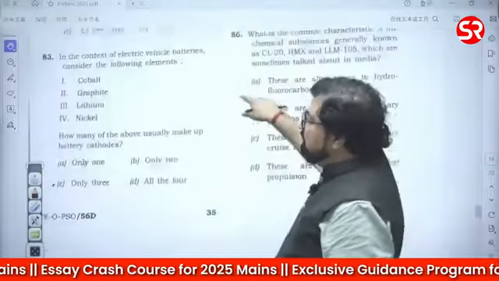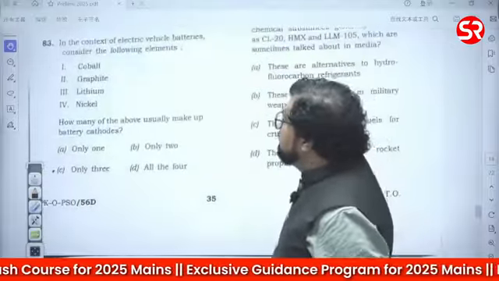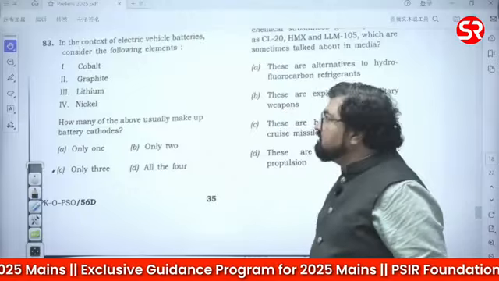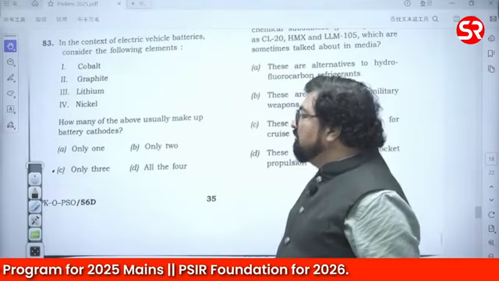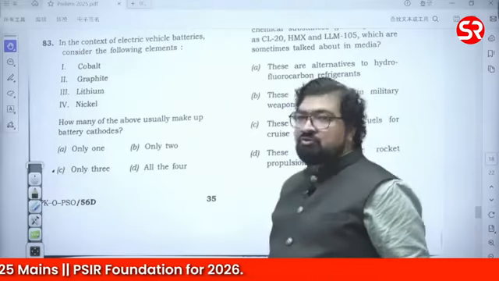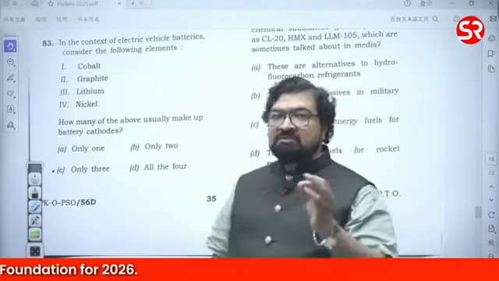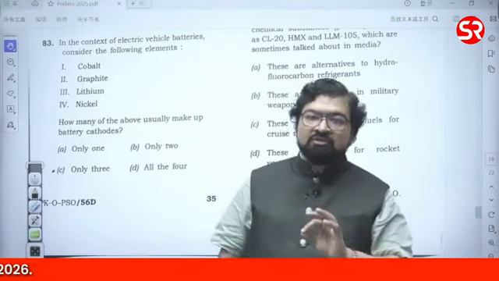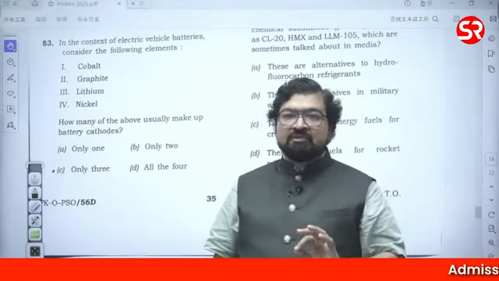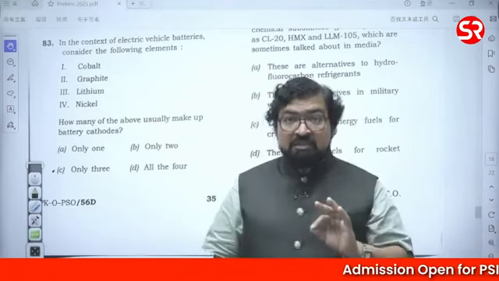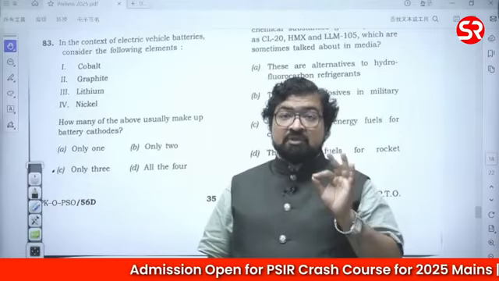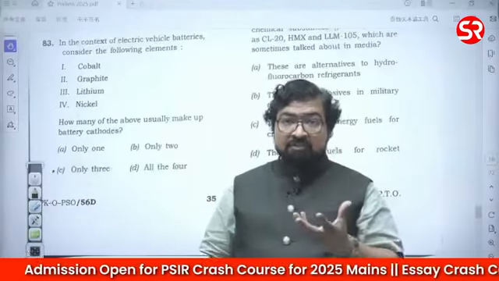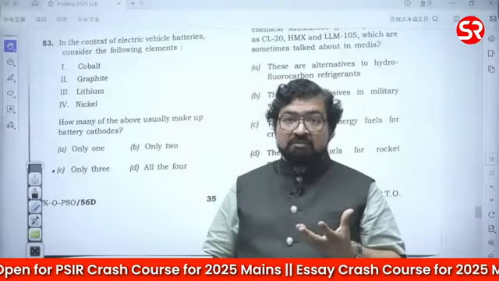Question number 83. In the context of electric vehicle batteries, EV batteries, consider the following elements: cobalt, graphite, lithium, nickel. How many of the above usually make up battery cathodes? Now, this is linked with science, chemistry, reduction, oxidation. Again, conceptual understanding about the battery system of electric vehicles, how it works.